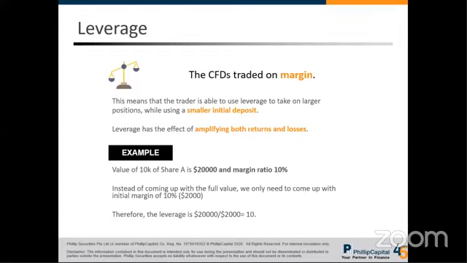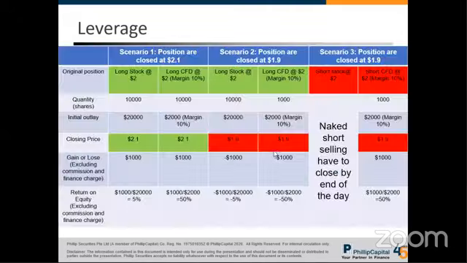To purchase the whole 10K shares, you need to come up with an upfront 20,000. However, with a margin requirement of 10% for CFD, instead of coming up with the full 20K, you only need 2K to take on the position of 20K. So the leverage is 10 times.